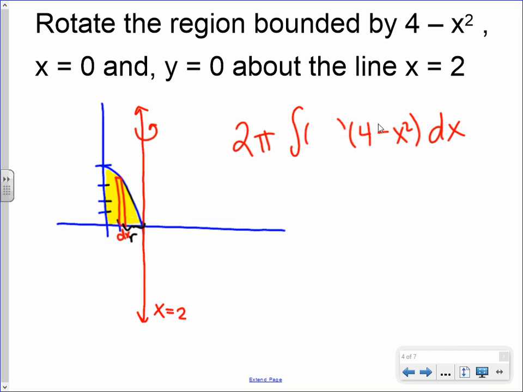Subtractions are a little wonky. Okay, so our radius is 2 minus x, because we have that right minus left coming into effect. Okay, and then of course our limits of integration would be 0 to 2. Okay. Questions on that setup?